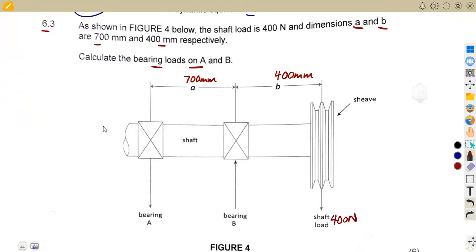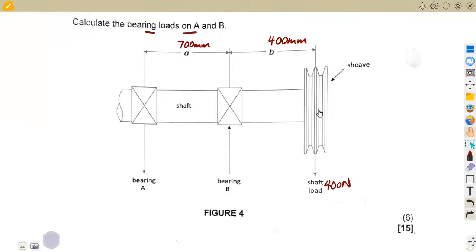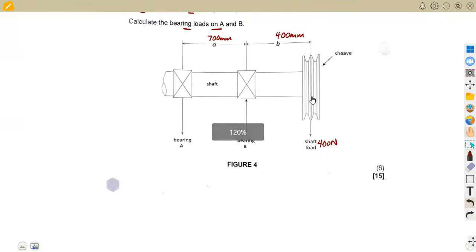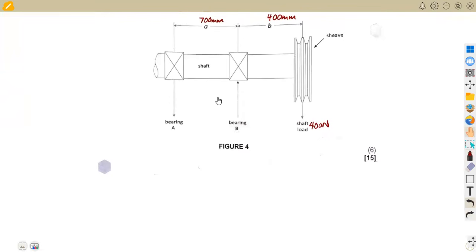All right. How are we going to attempt this type of question? We are simply going to use the moments concept in this case, from our law of moments. I want you to see what is happening. These are forces that are being applied here. On bearing A, take note, the R is going down this part. So if you are to consider your moments, let us just say we are having a simple sort of beam in this case.